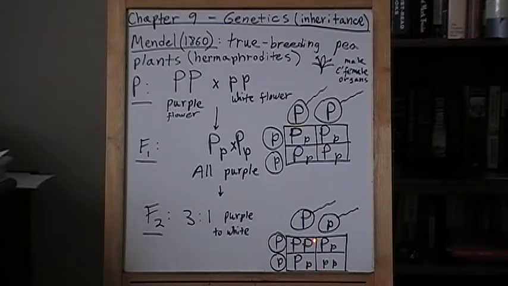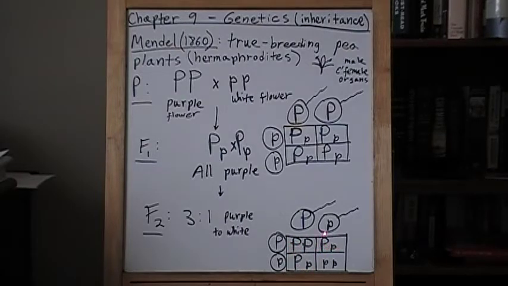So now you can see that there's really three different genotypes there. There's two big P's, there's big P, little p, and there's two ways to get that, and then there's two little p's. But there's really only two phenotypes, because as long as you have at least one big P, then that's a purple flower.